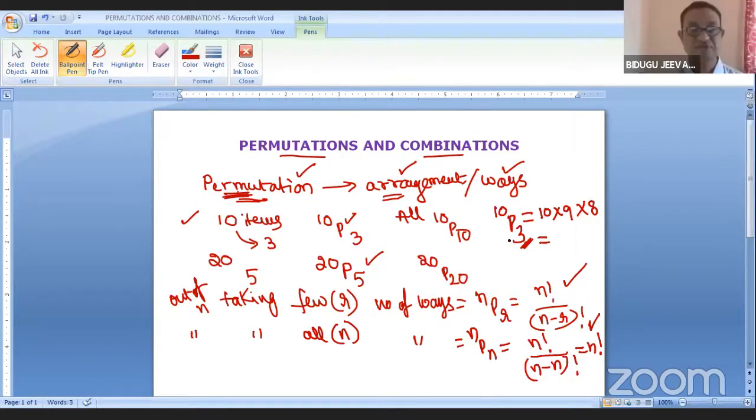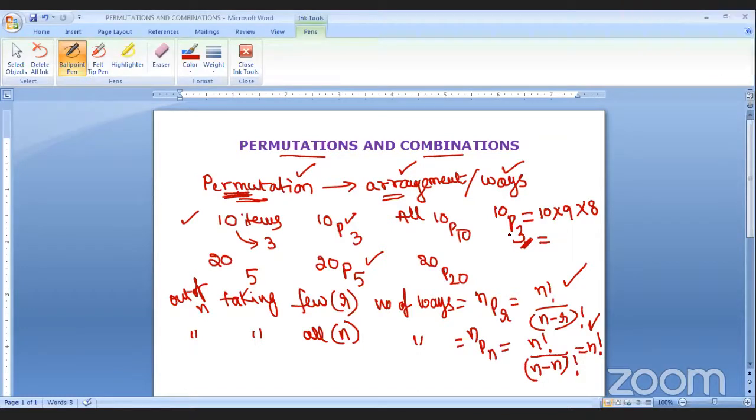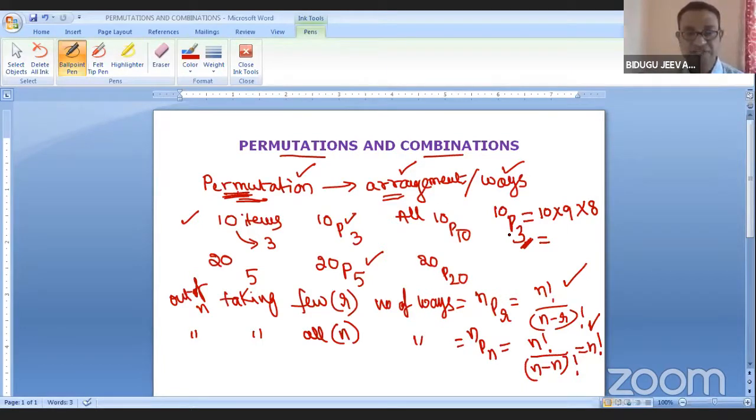So the concept of permutation is taking few things or taking all the things at a time. If you take few things, then arrange. If you take all the things, then arrange. That's very simple. Is it right? Following? Great.